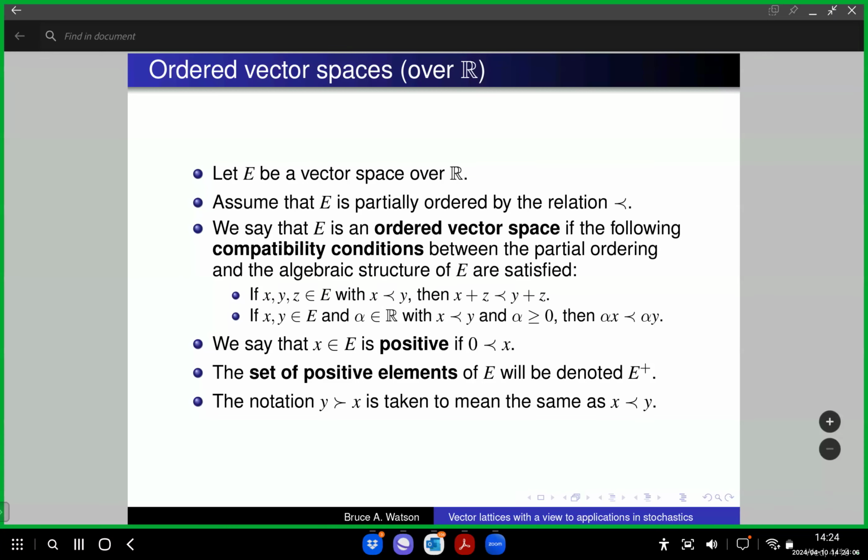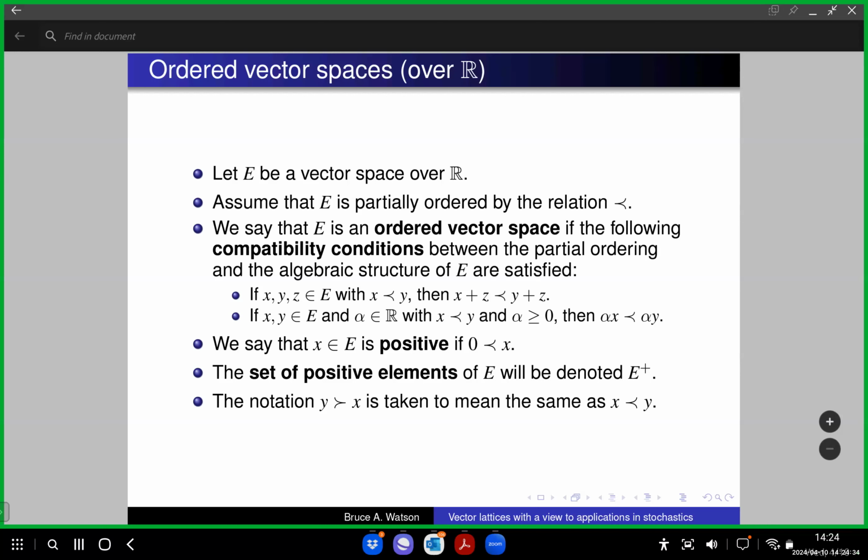We say that E is an ordered vector space if we have the following compatibility conditions between the partial ordering and the algebraic structure of E. It's not good enough just to have that the set E is a vector space and that it's partially ordered. There has to be a degree of compatibility between your partial ordering and your algebraic processes.